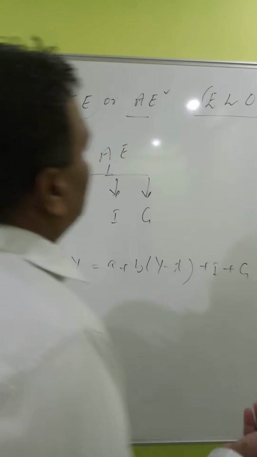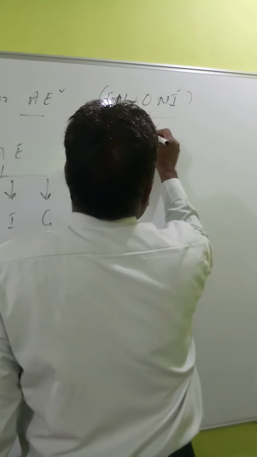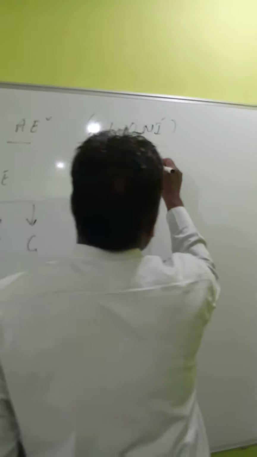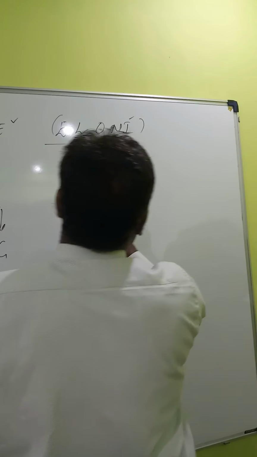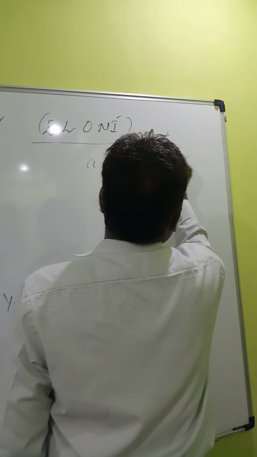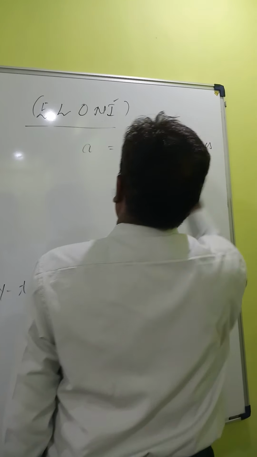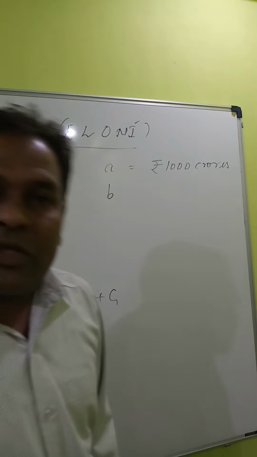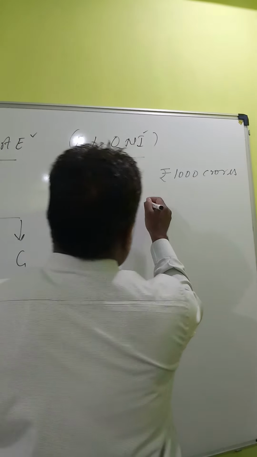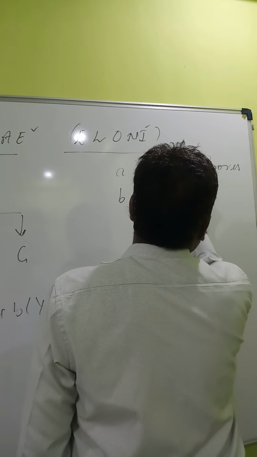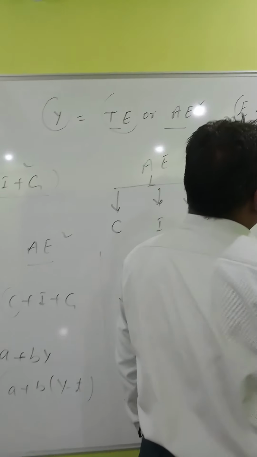Now suppose a stands for minimum level of consumption. Suppose minimum level of consumption a is rupees 1000 crores. Suppose b stands for marginal propensity to consume. Assume b is 0.80.